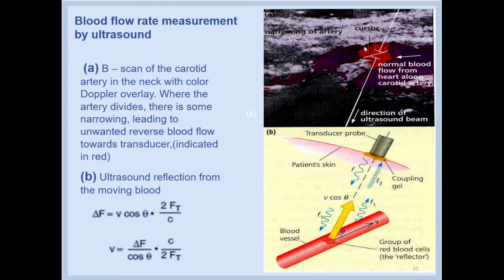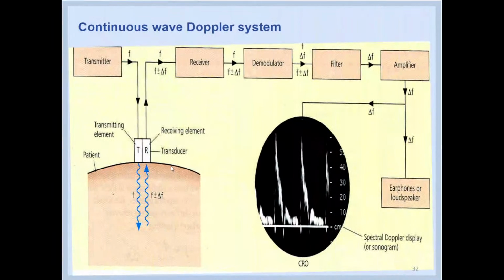This flow is colored and displayed. So, and then you can see here the velocity is computed by that means, and here let me show the continuous wave Doppler system block diagram.